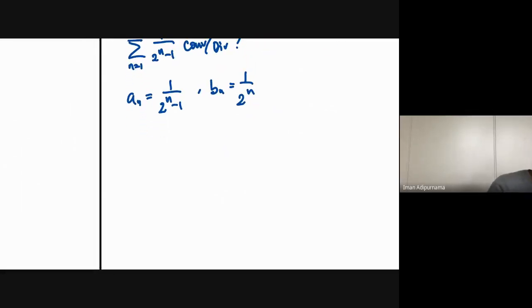To use the limit comparison test, we can write the limit, and then write down the formula for the series.